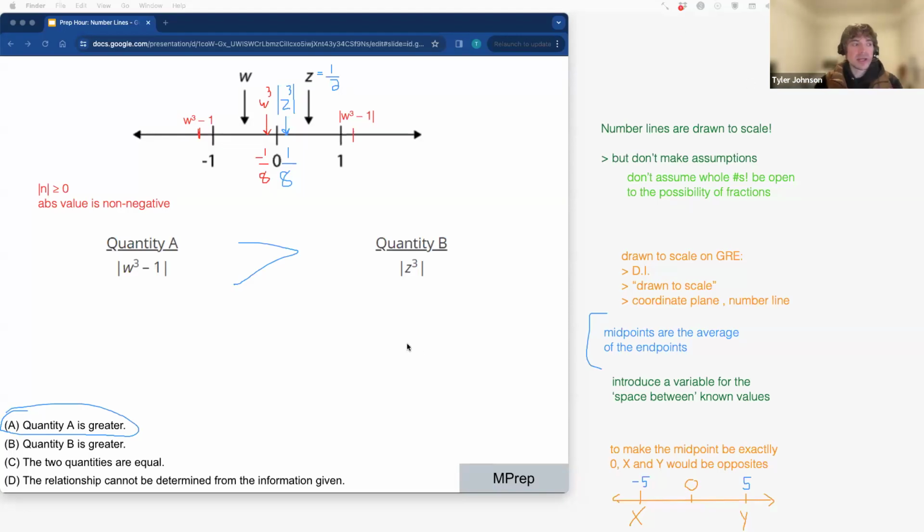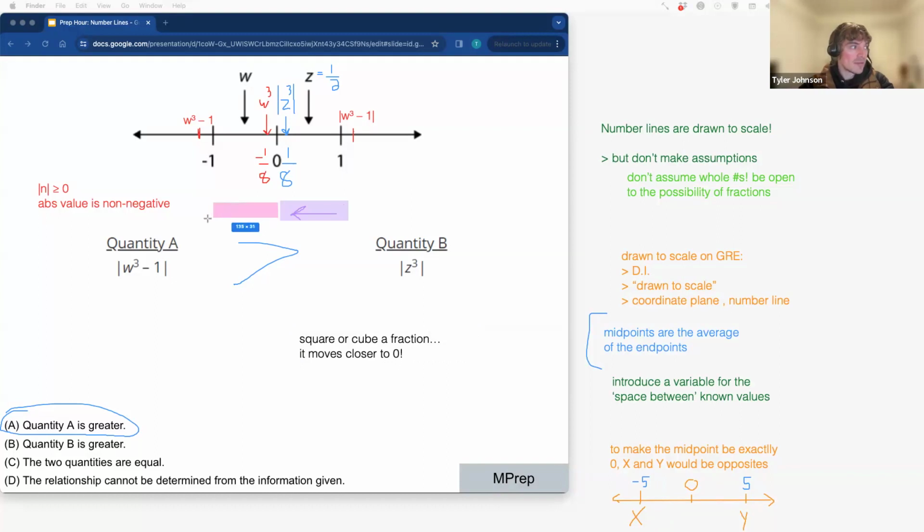And for me, the biggest takeaway here is when you square or cube really any exponent, a fraction, it moves closer to 0. If you start with a positive fraction, it's going to move further left towards 0.